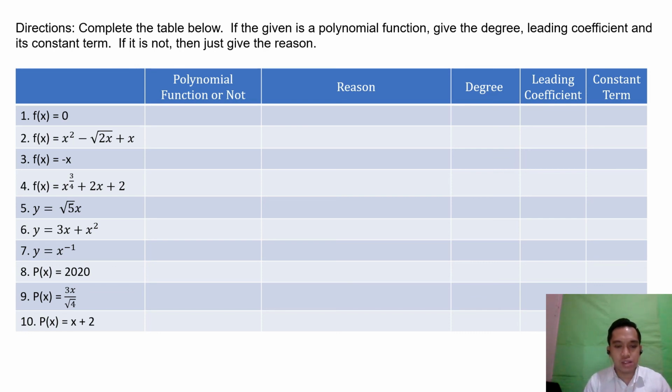So identify if it is a polynomial function or not. Kapag not a polynomial function siya, state the reason. Tapos kapag polynomial function naman siya, identify the degree, identify the leading coefficient, and identify the constant term.